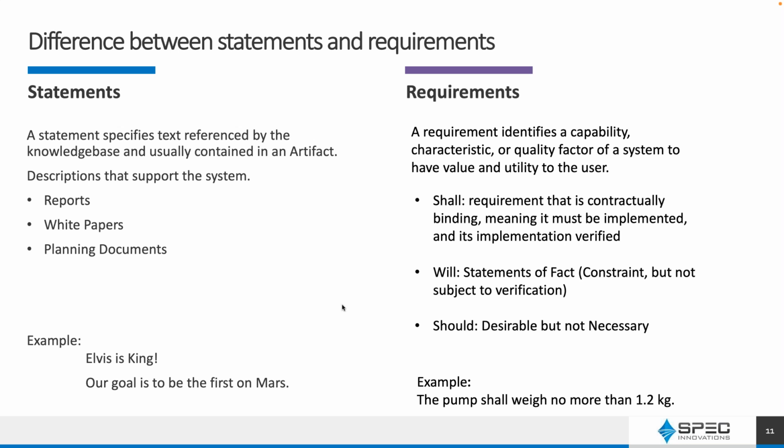It's not something I care to really evaluate as a requirement I'm going to allocate. The requirements, though, are very specific and very structured, and most people will say that shall must be in there to make sure that you have it contractually binding.